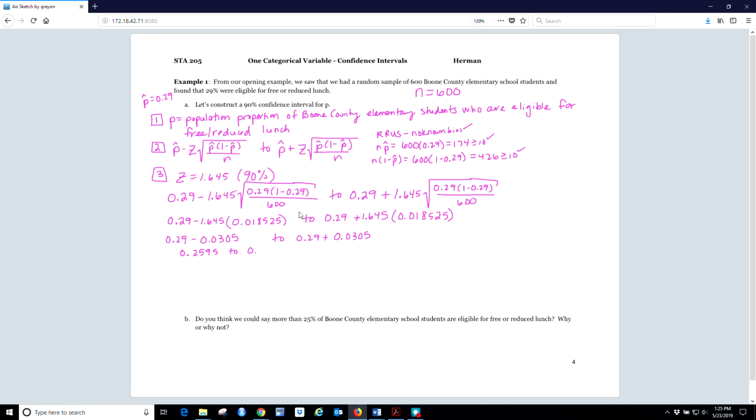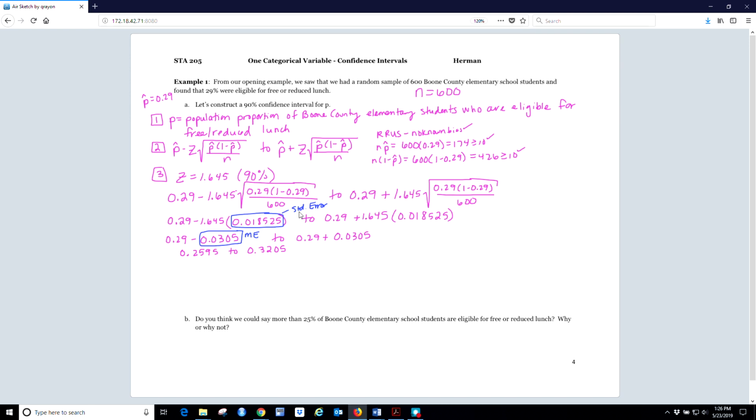So that's what our math would look like. Connecting some terms now. This 0.018525 number, that was the term we called in the last video our standard error, versus this 0.0305, which is what we refer to as the margin of error. So step 3 is all the math side of it.